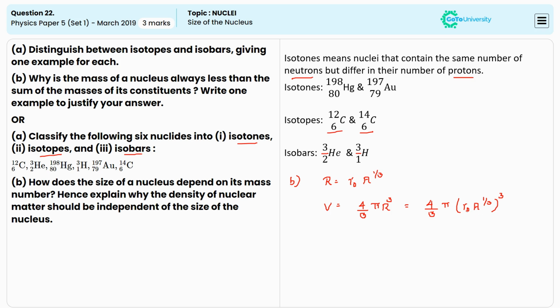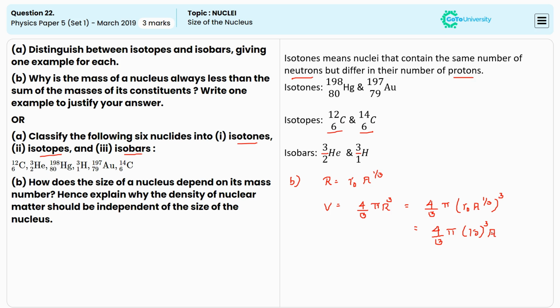This is the volume. We can write the A separately. Then we can write this as 4 by 3 times pi into R naught to the power of 3 times A.